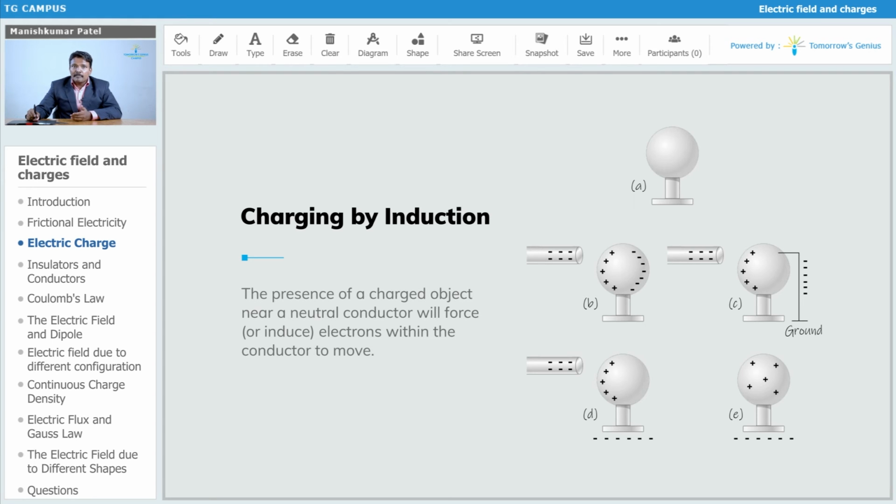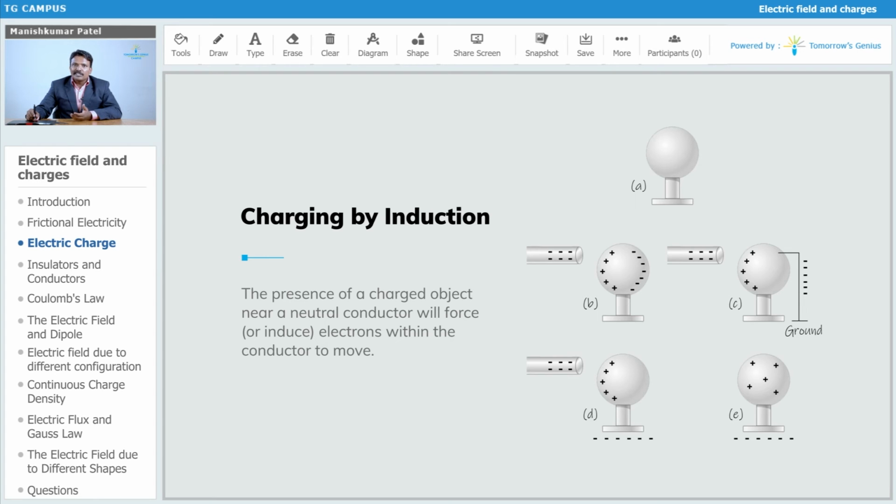Now what will happen because of the presence of the glass rod which has a negative charge? Obviously it is going to attract or repel the electrons. Since here the glass rod has, for example, a negative charge, it will repel those electrons and it will attract the positive charges.